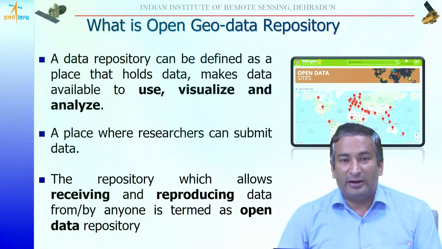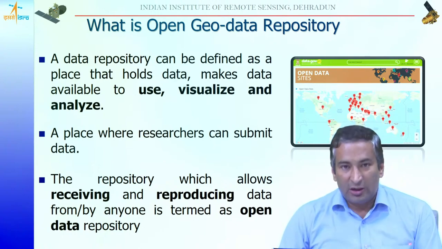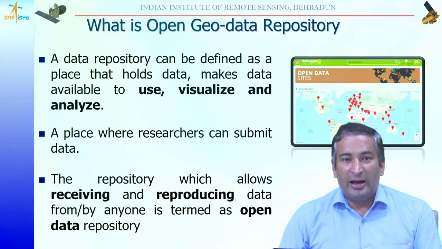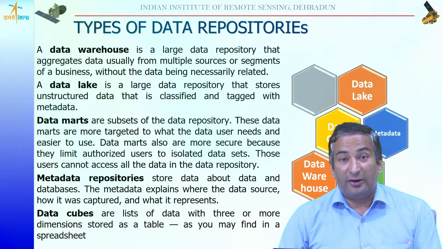So if your repository is holding geodata, then it is termed a geodata repository, and if it allows you to receive and reproduce the data, then it becomes an open geodata repository. As simple as that.